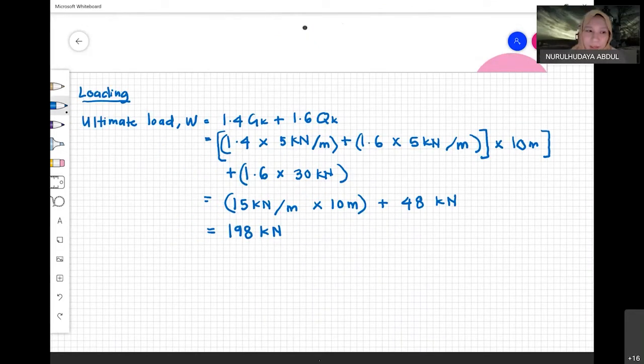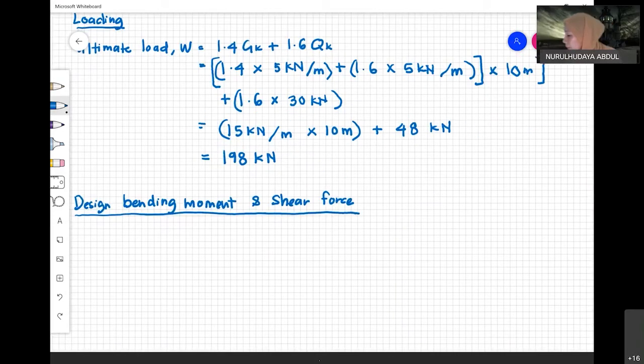We will calculate the design moment and shear force. So design the beam itself, dia ada load macam ni lah, which is bila kita kira semua load ni adalah 198 kilonewton kan.